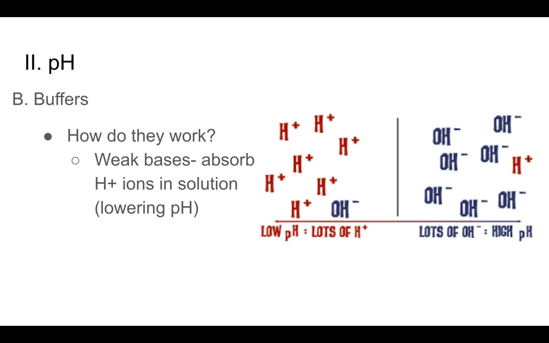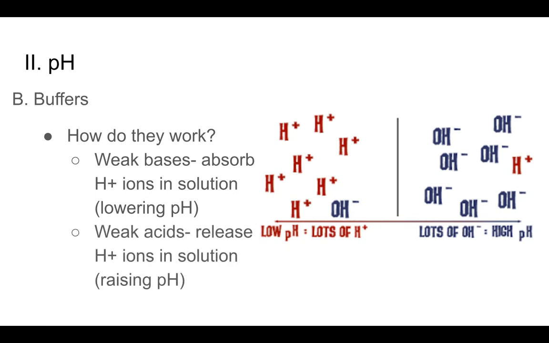It doesn't lower the pH. It lowers the hydrogen ions in the solution, which drives the solution back towards normal. So as you're writing your notes, instead of writing lowers the pH, we should say that it lowers the hydrogen count, right? That then pushes it towards neutral.